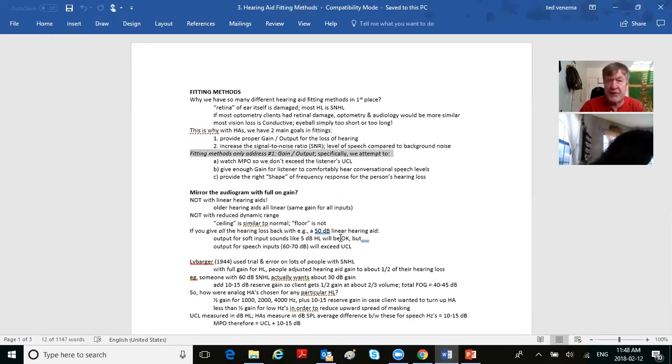They're not addressing that at all. You want to make sure that the maximum power output does not exceed listeners' uncomfortable loudness. You want to give enough gain for the listener to comfortably hear conversational speech. And lastly, you want to provide the right shape of frequency response for the person's hearing loss.